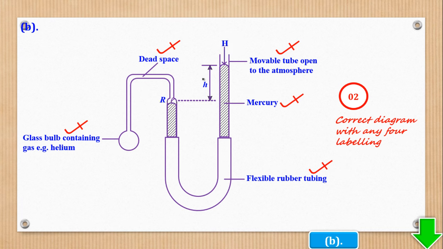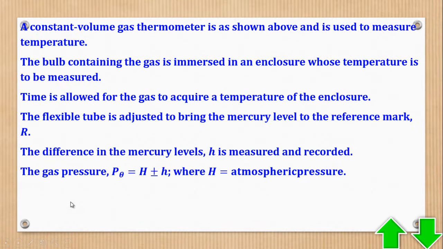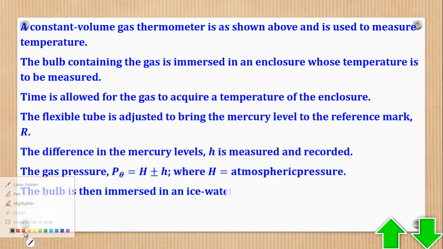What if you adjust and you realize that the level of this is down here? It implies that the pressure at this point will be atmospheric pressure minus this, because pressure increases with depth. And that is the reason why we're saying plus or minus small h.